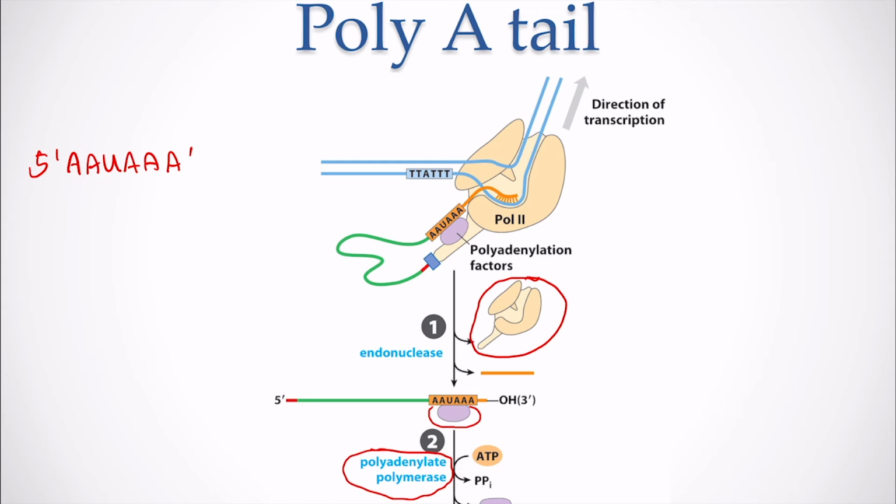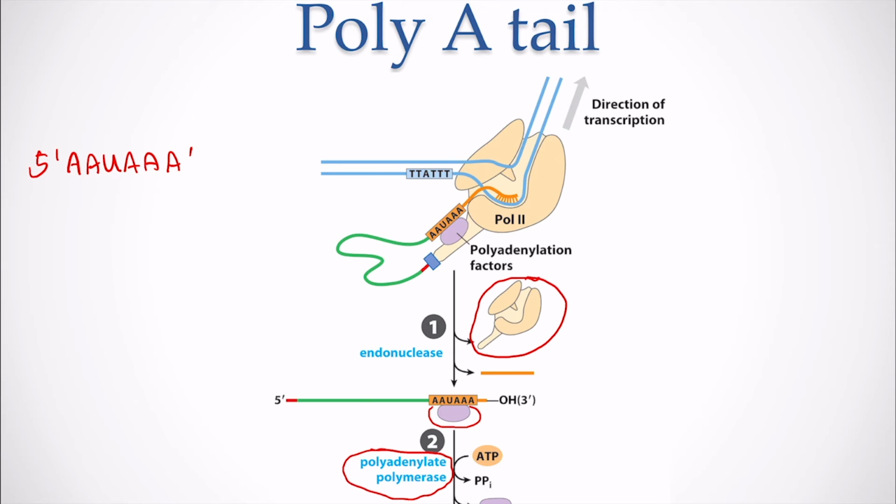This complex will contain both the endonuclease that is going to release the polymerase, and it's also going to contain the polyadenylate polymerase. Now, all enzymes and that 5' AAUAAA sequence are going to be tethered to that C-terminal domain. So again, similar to the 5' cap, the polyadenylation is going to take place associated with polymerase 2.